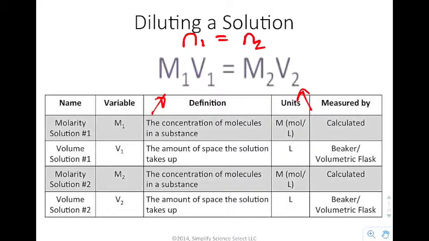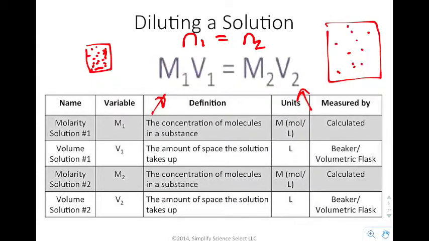So, for example, if I have a very concentrated solution, and I were to dilute that solution, I would still have the same number of particles. They would just be more spread out. So this is a more dilute version, and this is the more concentrated version, but the number of moles are the same. That's the basis behind the dilution equation.